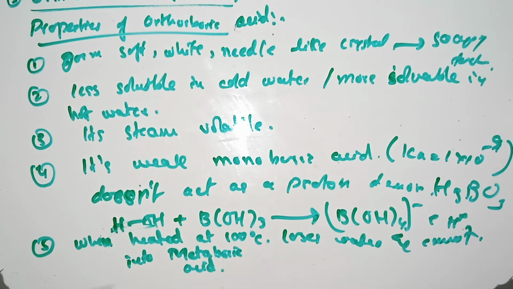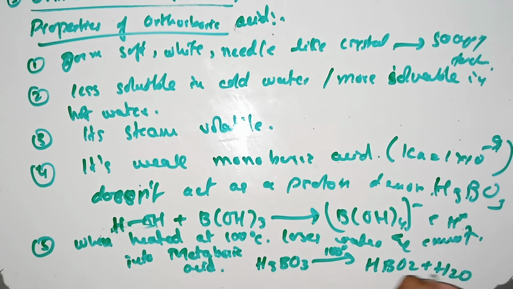I already explained this point in a previous lecture, if you remember. For example, orthoboric acid H3BO3, when strongly heated, will produce HBO2 plus H2O. That is also called metaboric acid.